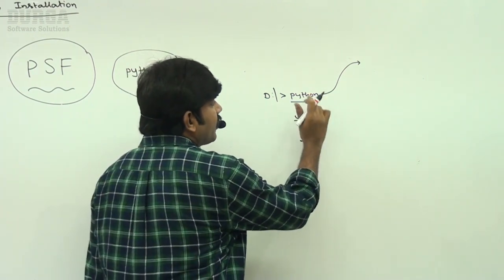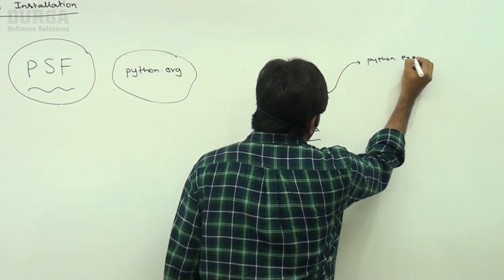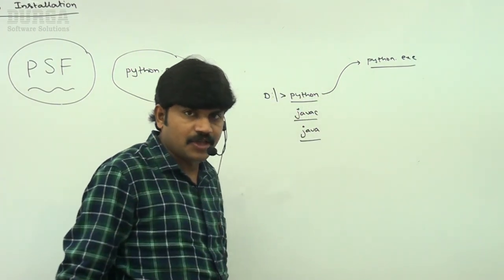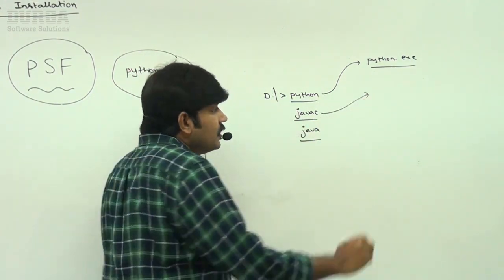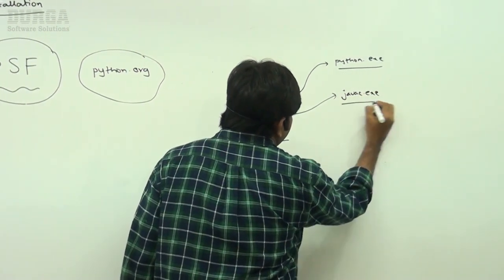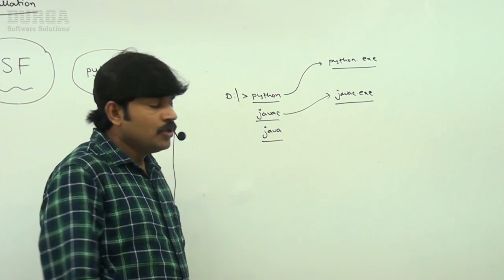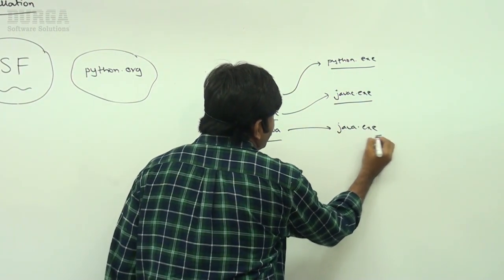So whenever we use the python command, internally python.exe will be executed. In the same way, whenever we use the javac command, sir, javac.exe file will be executed. Remember this. So if I use the java command, java.exe file will be executed.